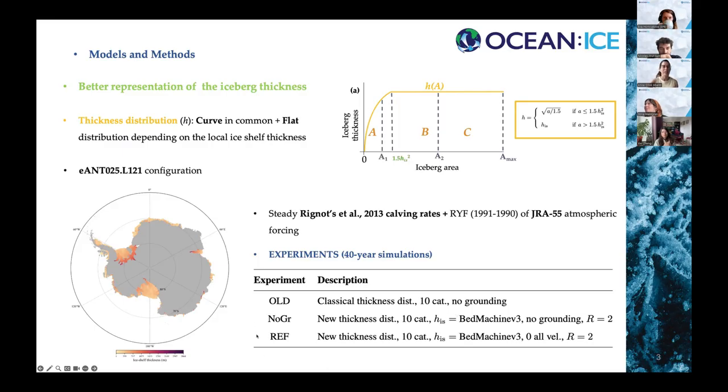Our reference experiment is the same as the no grounding experiment, but this time it considers a simple scheme for grounding. Every time an iceberg approaches land or a shallow bathymetric ridge, its horizontal velocities will be set to 0 and it will return to the previous cell.